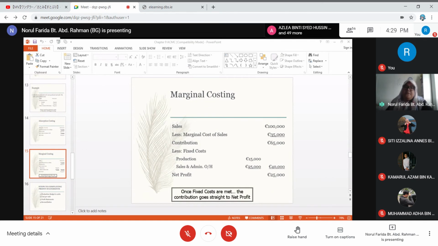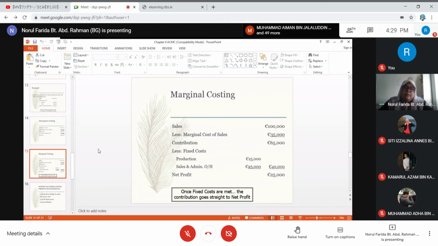However, if you have inventory nanti, because of different inventory valuation, your profit will not be the same, because cara you absorb the cost is different. So you akan ada stock valuation, your ending inventory and your beginning inventory kat situ nanti. Alright, so that is a simple example je, nak tunjuk format je sebenarnya.